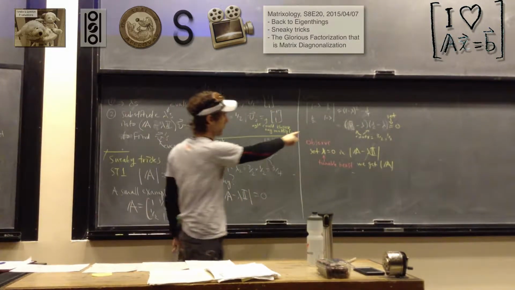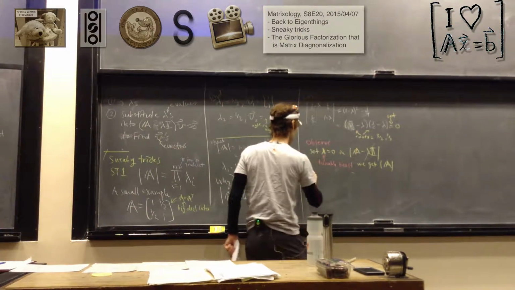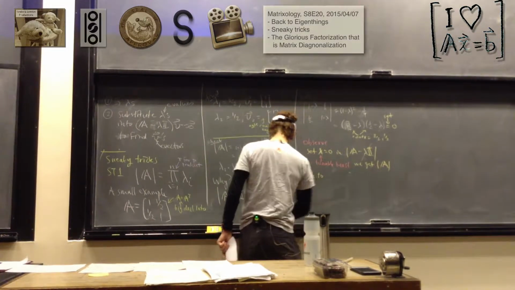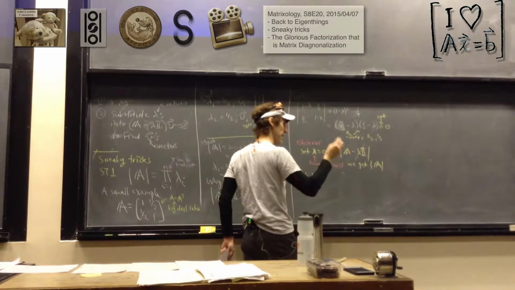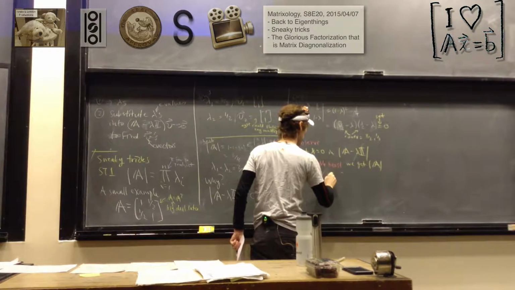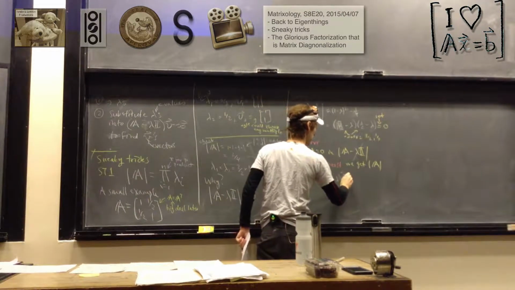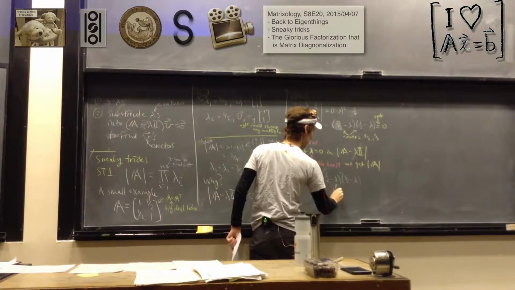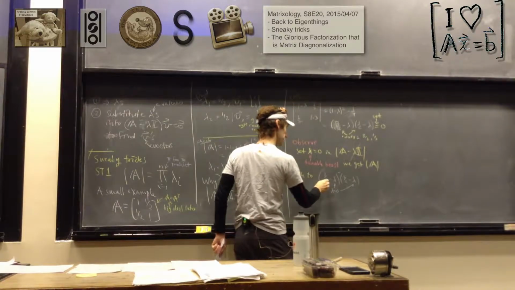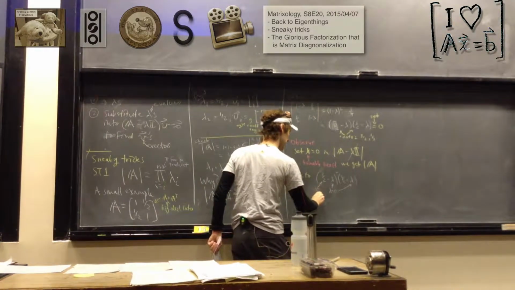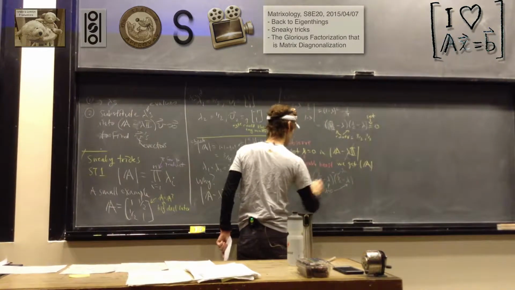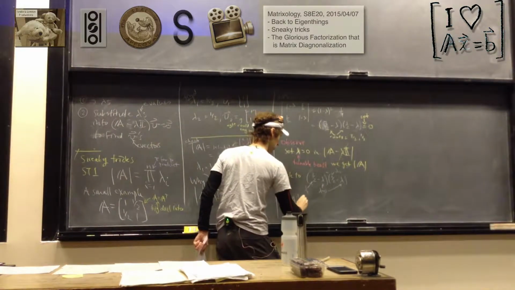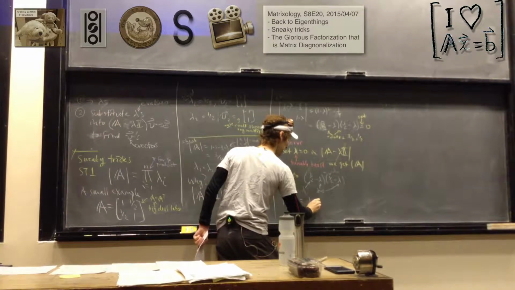So if we go back to our equation here, I can't prove all of these things completely; some of them I have to show a little bit. 3 halves minus lambda, a half minus lambda. We set lambda equal to 0 here, and this is lambda 1 and this is lambda 2. So the determinant of A will equal lambda 1 times lambda 2.